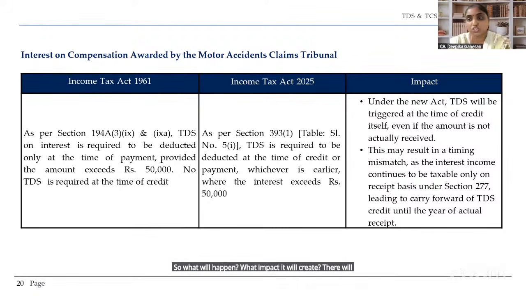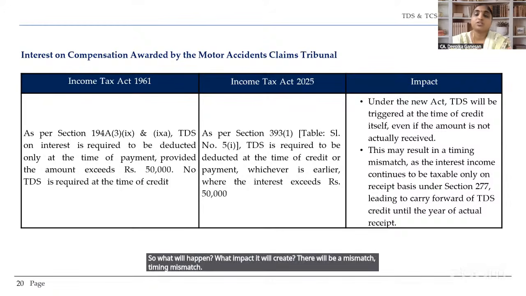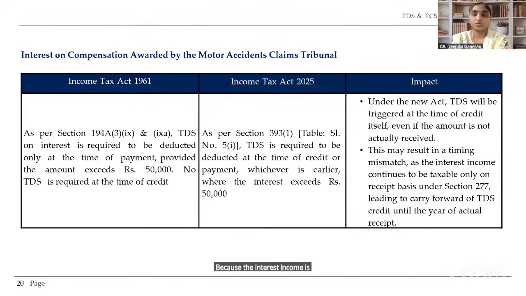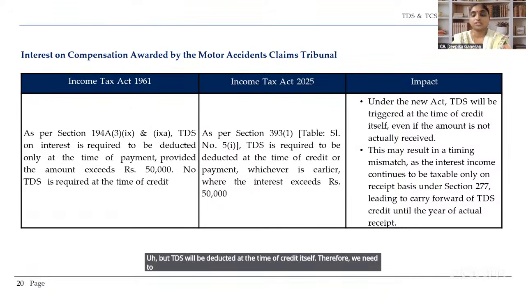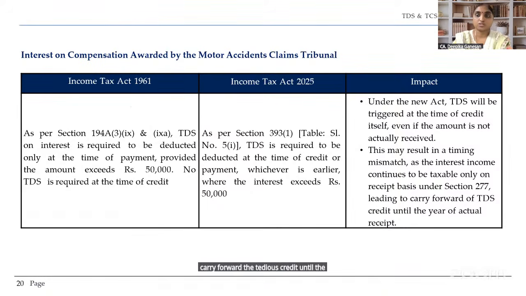There will be a timing mismatch, because the interest income is taxable only on receipt basis as per section 277. But TDS will be deducted at the time of credit itself. Therefore, we need to carry forward the TDS credit until the year of actual receipt. So this will be an impact which will be created because of the amendment.